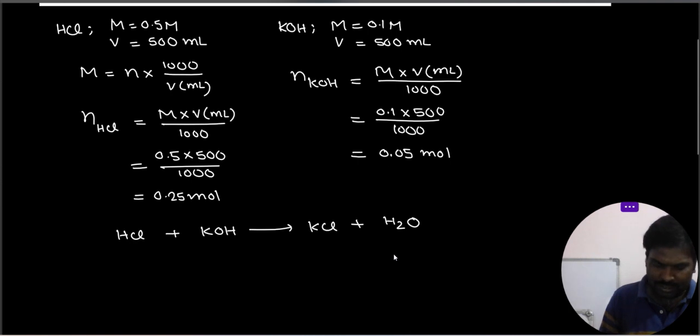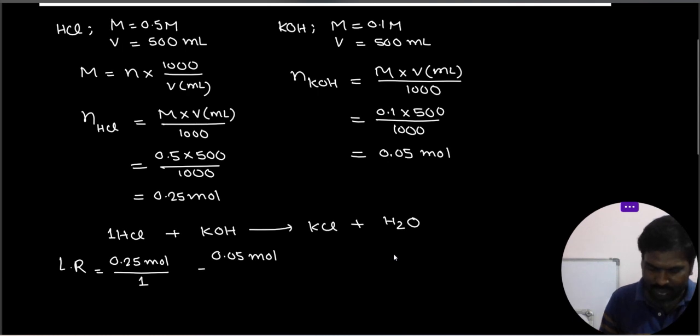HCl 0.25 mole, KOH 0.05 mole. Now, what is the limiting reactant formula? Calculate moles by stoichiometric coefficient.